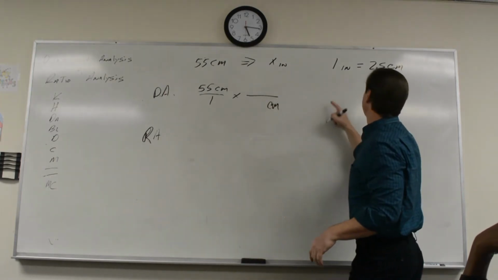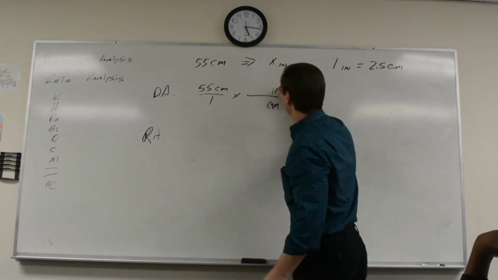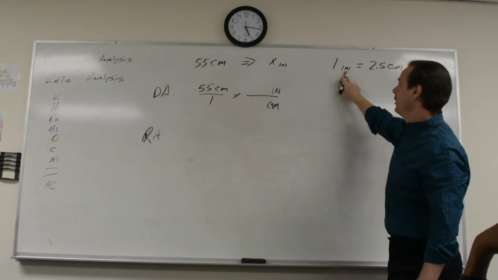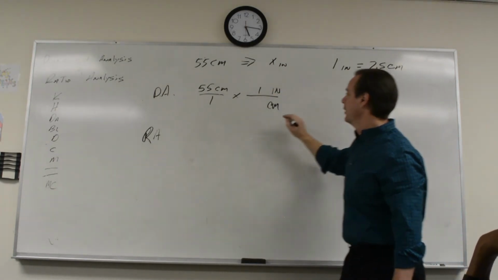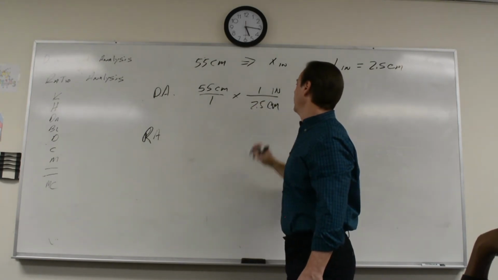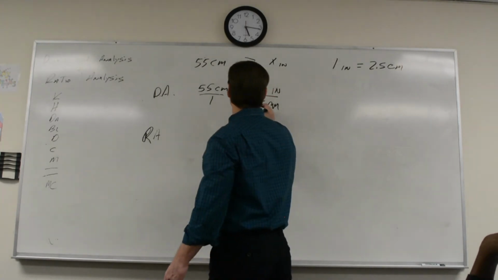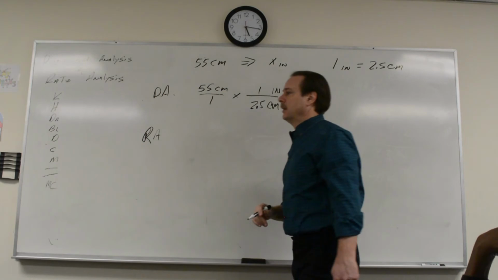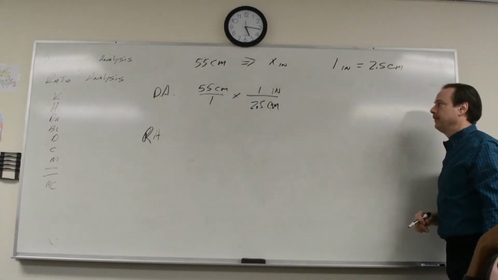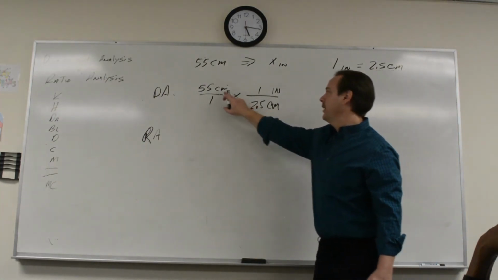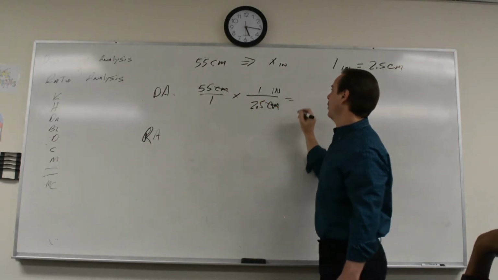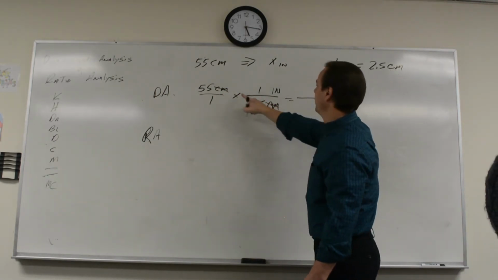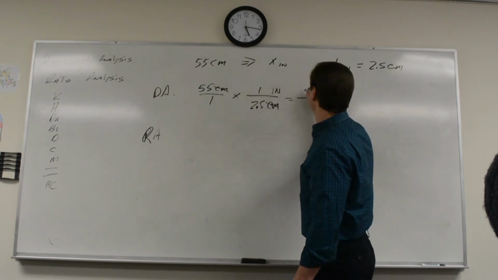We go to our conversion, it's centimeters to inches. Inches will go in the numerator. Look at the values. We have 1 inch, 1 goes with the inches. We have 2.5 centimeters, 2.5 goes here. In this case, centimeters cancels. This will equal 55 times 1, which is just 55.